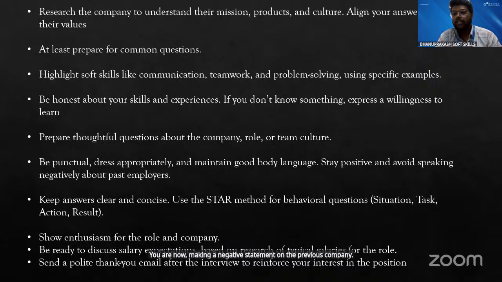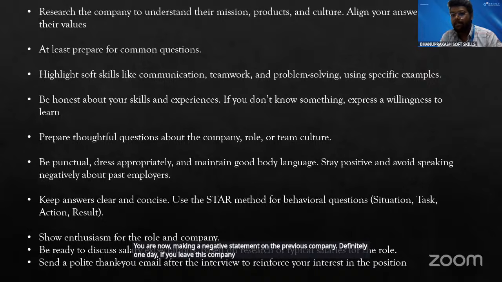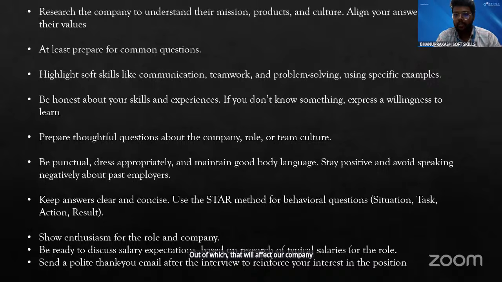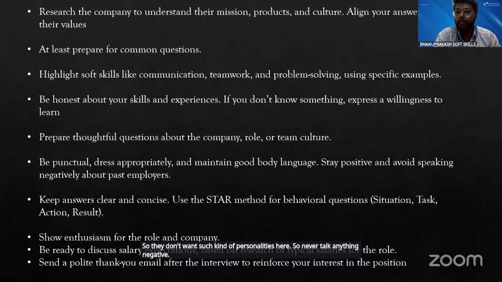Definitely, one day if you leave this company, you are going to make the same statements about our company too, which will affect our company's reputation. So they don't want such personalities here. So never say anything negative. Every word that you speak here should be very positive.